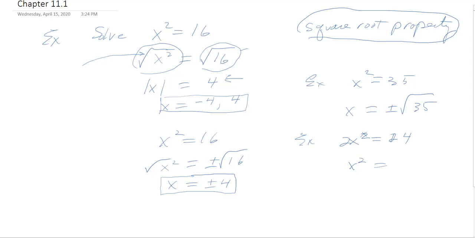So I would divide 24 by 2, so I'd have a 12. Then x would be plus or minus the square root of 12, which we could actually simplify a little bit more and write 2 root 3. That's what we learned in the last chapter, how to reduce those radicals, simplify them. All right, so that's how we handle those.